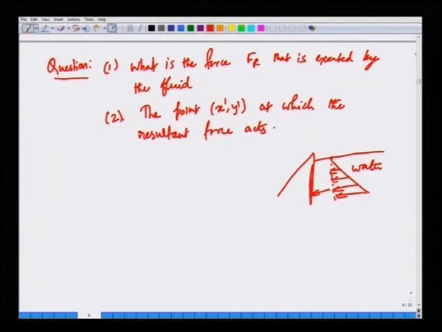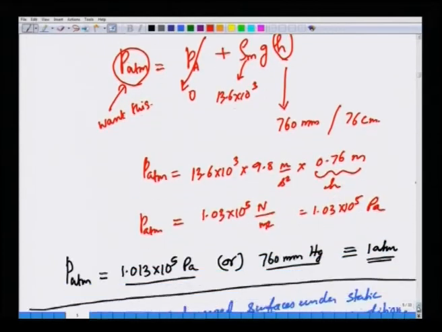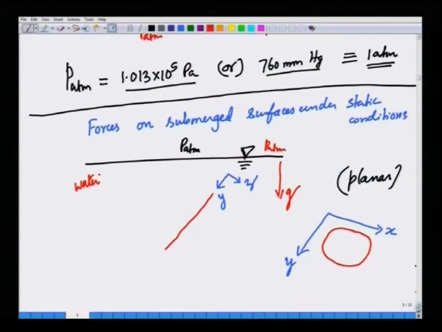So, in order to do this, the way we are going to proceed is by taking a tiny strip. You take a tiny area element of length dx dy. It will appear like a strip here, a tiny area element, and this tiny area element is at a vertical distance h.